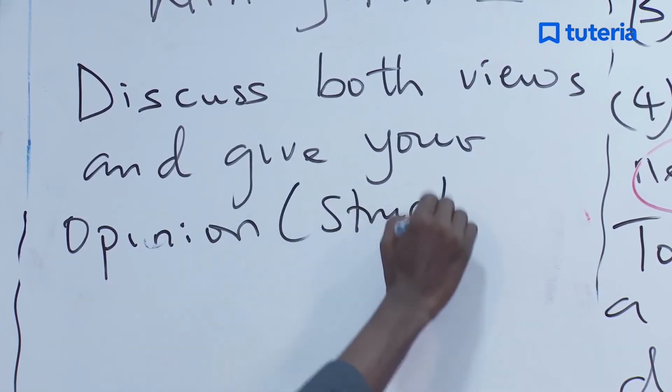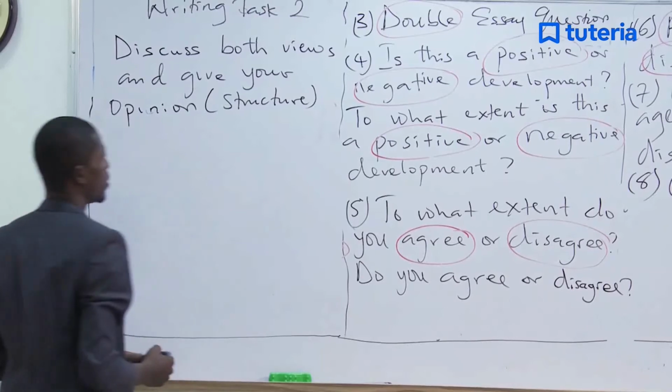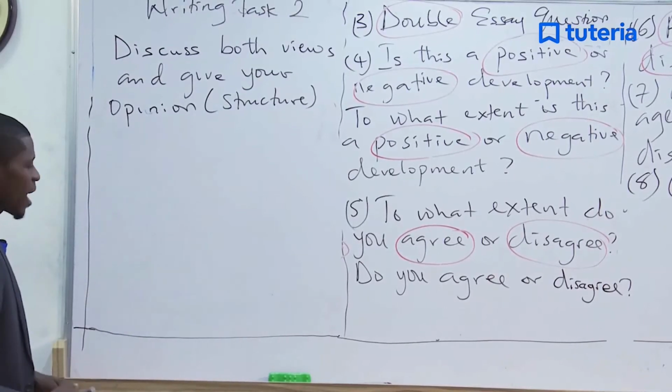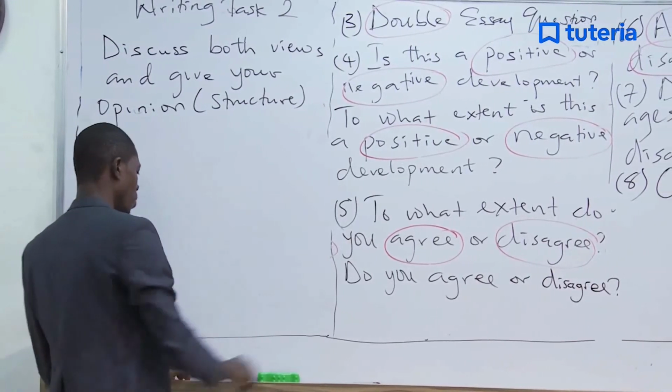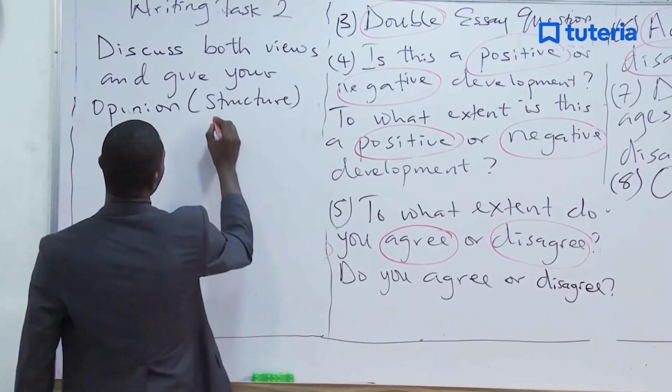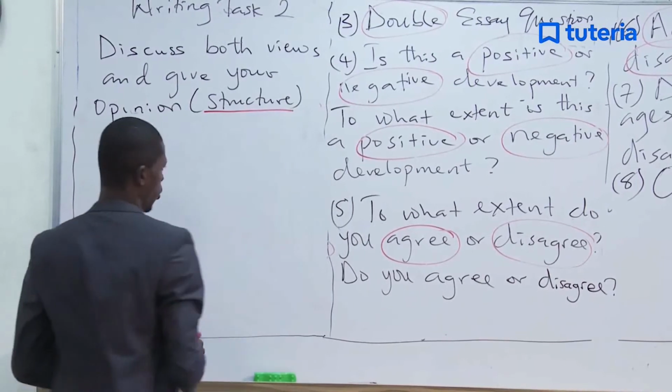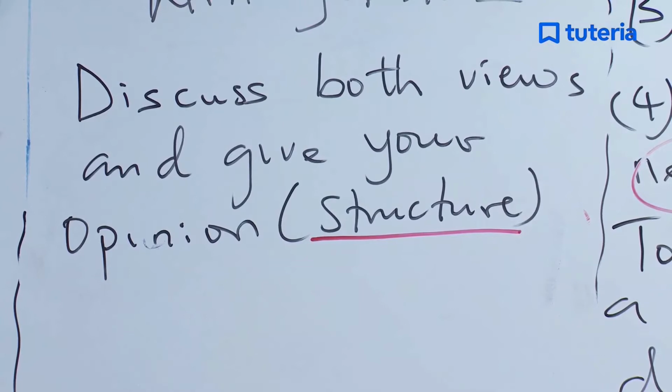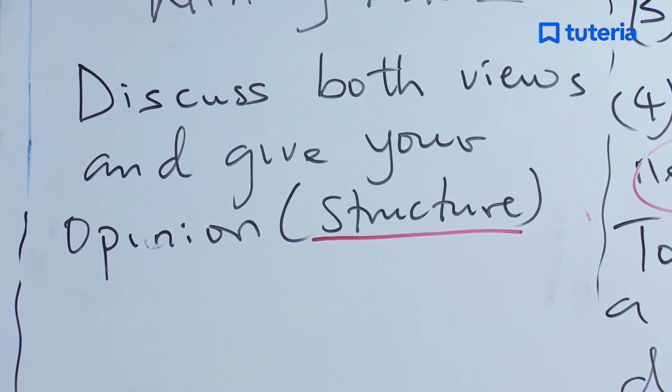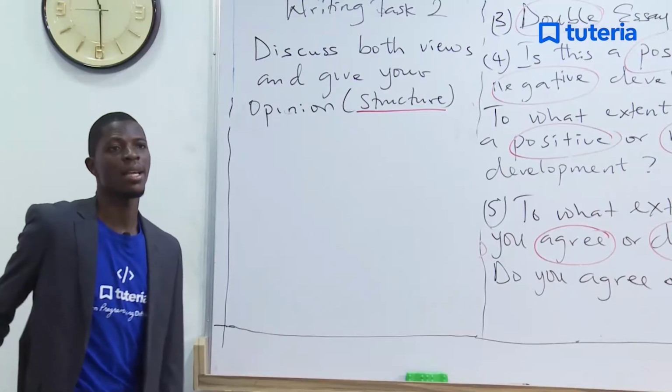The structure. Please write. Make sure you are writing. So we are looking at the structure of discuss both views and give your own opinion. Quickly, let's write. Okay? Are we good?